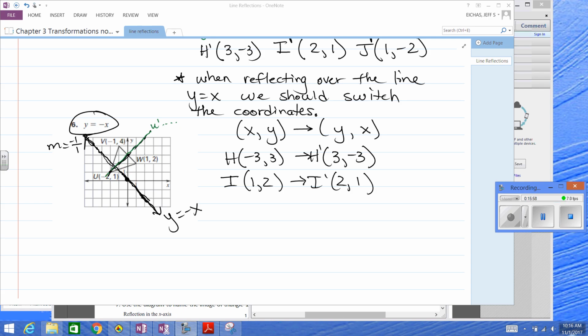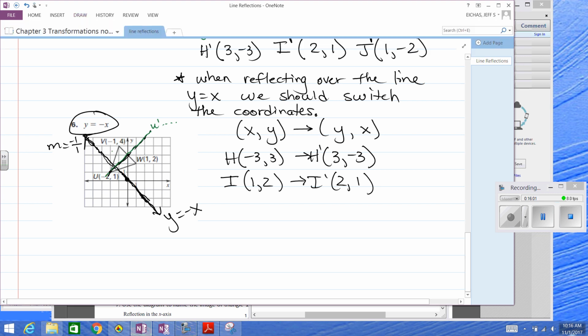Sorry about that, the touch screen again. Let's go back. Now I'm looking at V. I got to go up 1, left 1. That's going to be a slope of 1. So somewhere along there is the path for V prime.